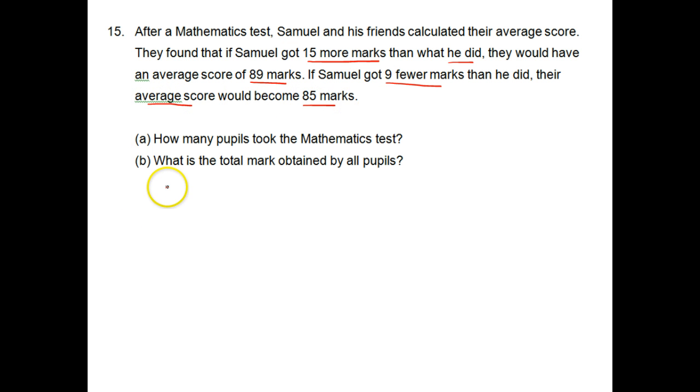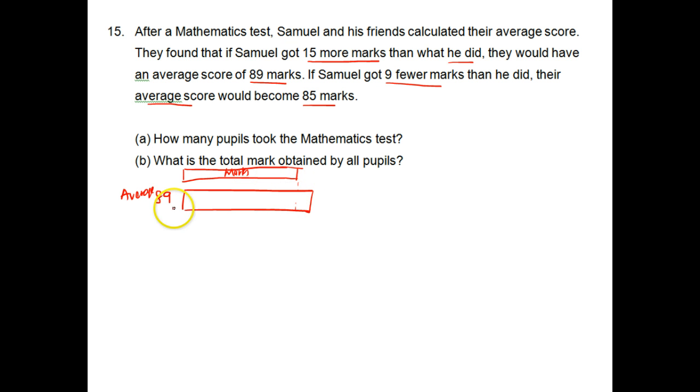To help us see, we can draw. So I have Samuel. If the average score is 89 marks, Samuel would get 15 more marks than what he got. So let's say this is the marks of Samuel.